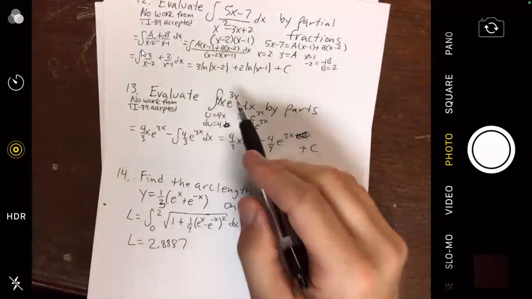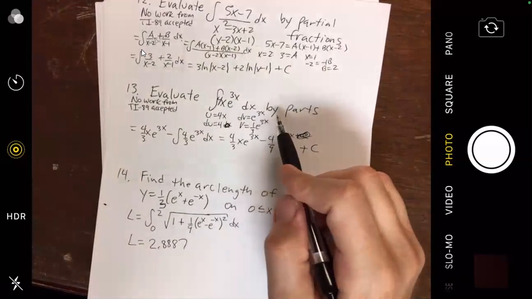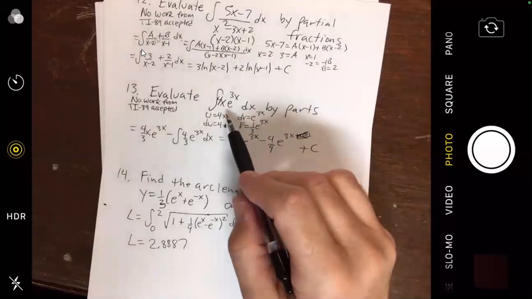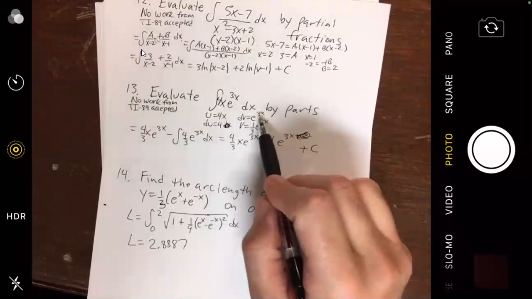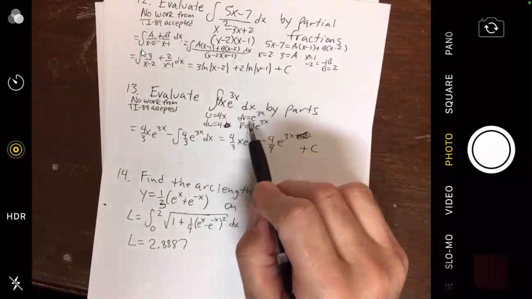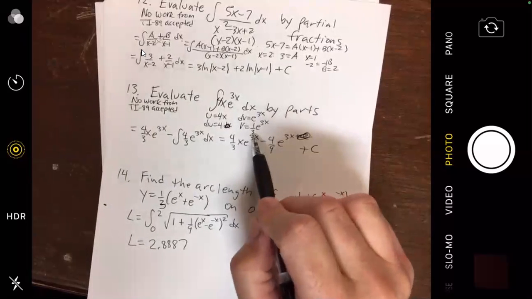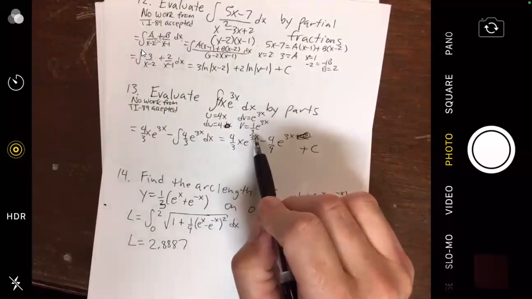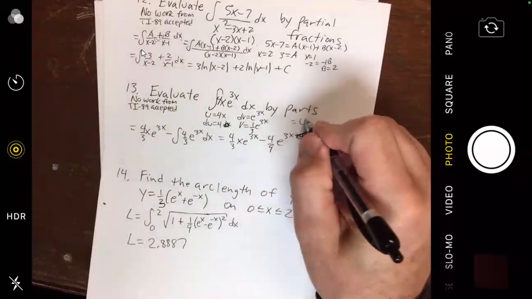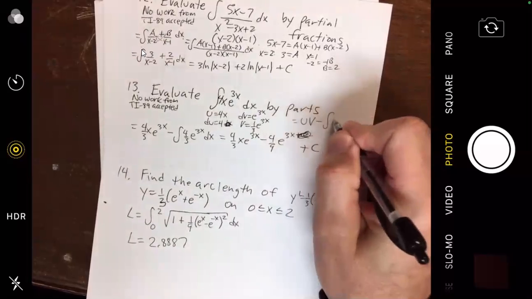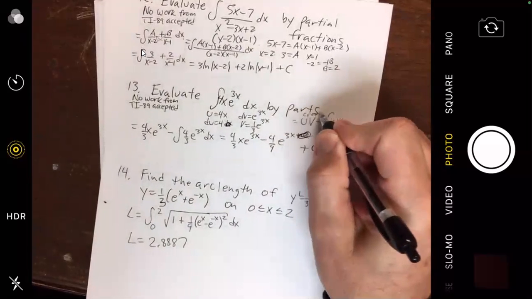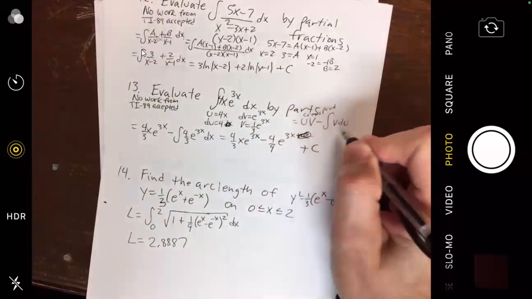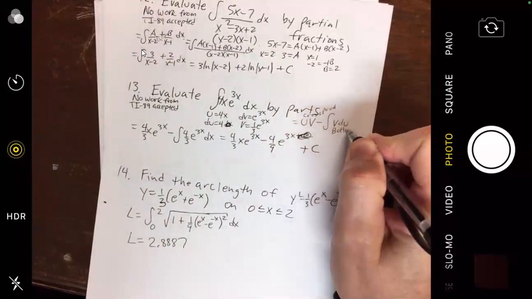All right. 13 works out by parts. Make u the first thing 4x, du be 4, dv is e to the 3x, and on the antiderivative you divide by that 3. So if you remember, you had uv minus integral v du, meaning cross product minus integral bottom row.